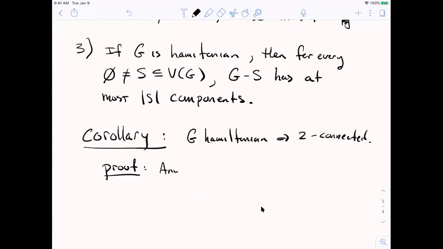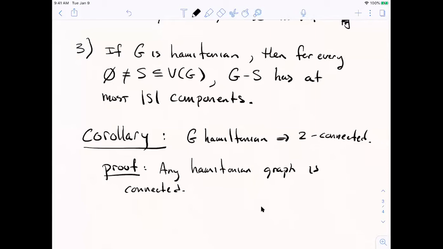Any Hamiltonian graph, this is another necessary condition I could have put in our list, is connected. Why is that true? Well, because it has a spanning cycle, right? So you pick any two vertices in this graph, they're on the cycle because it spans. So there's a path between those vertices. So a Hamiltonian graph has to be connected.